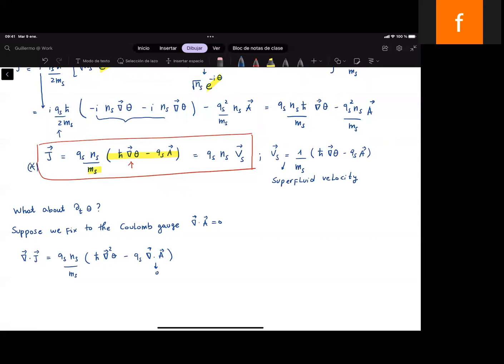Meaning this divergence is nothing but q_s n_s over m_s, h bar, and nabla squared of theta.